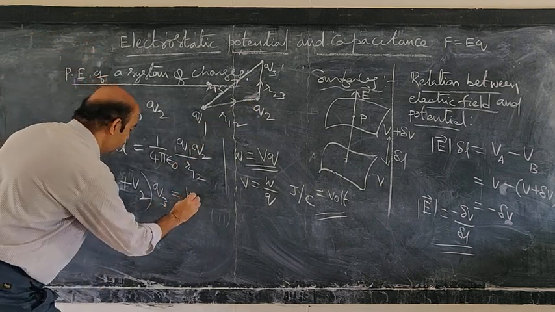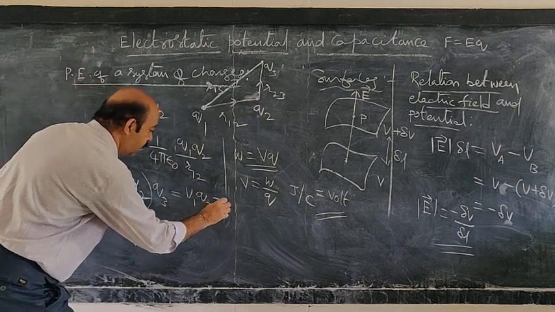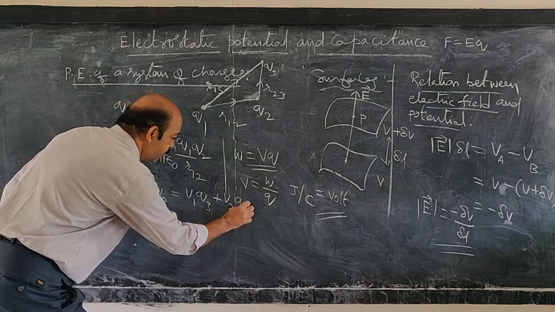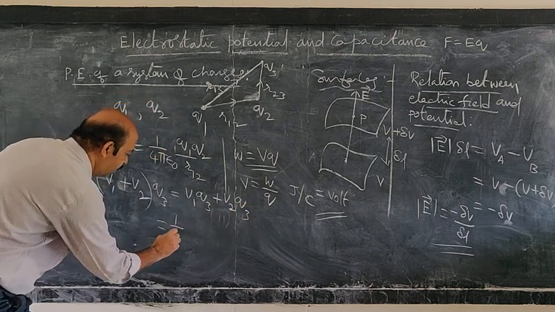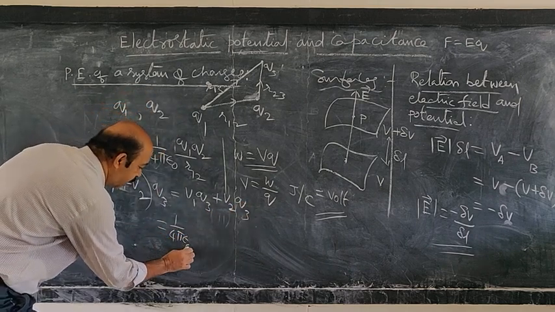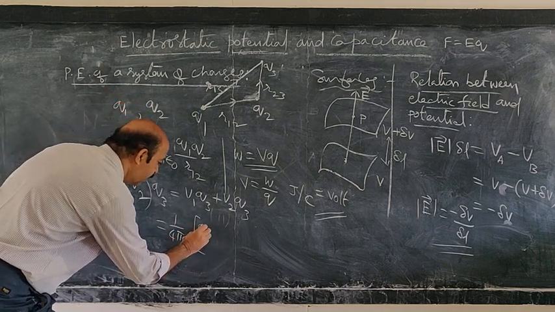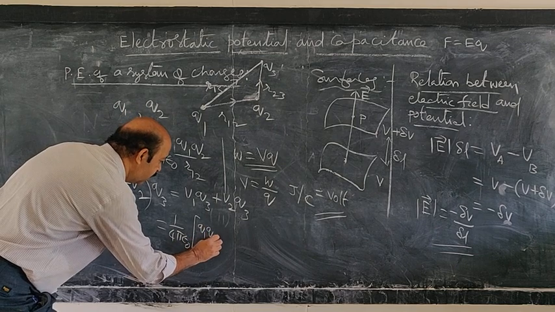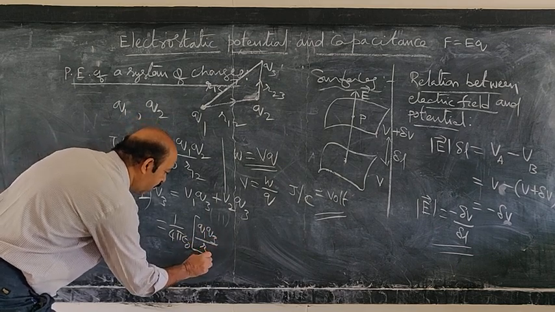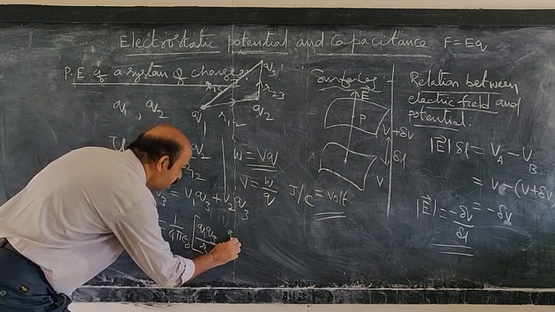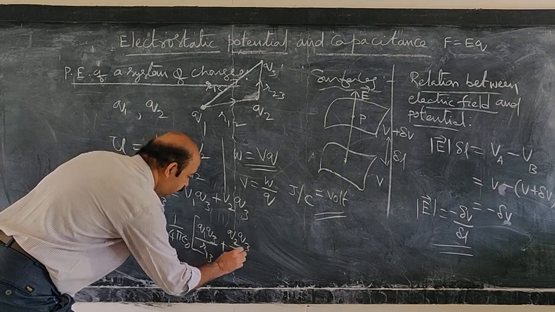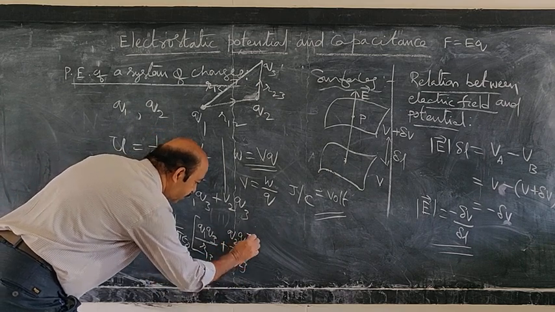So that is V1 Q3 plus V2 Q3. So that can be written as 1 by 4 pi epsilon naught common, and here Q1 Q3 by R13 plus Q2 Q3 by R23.